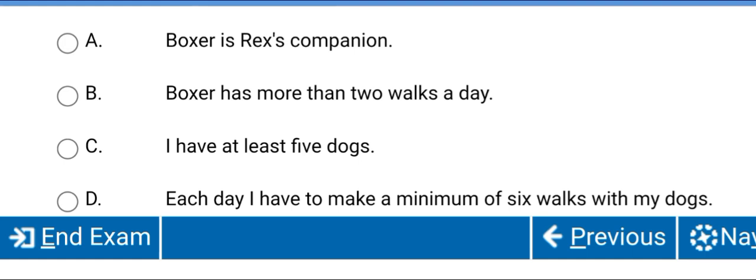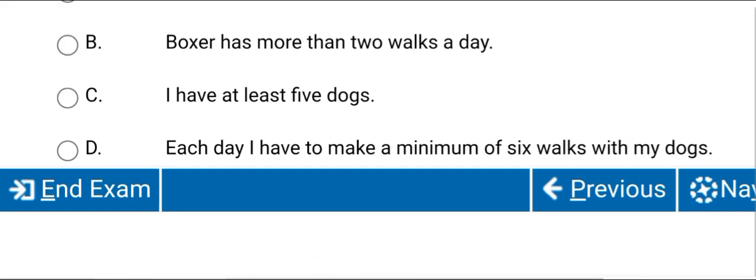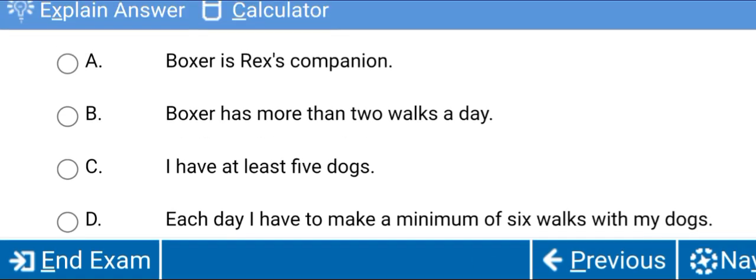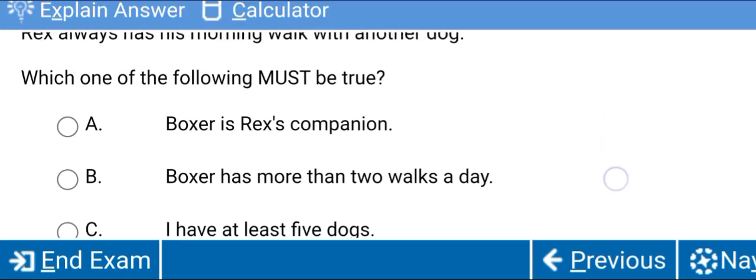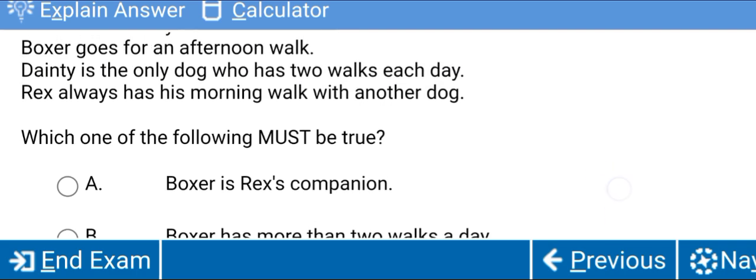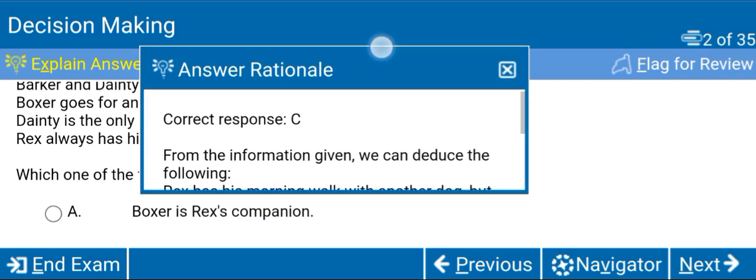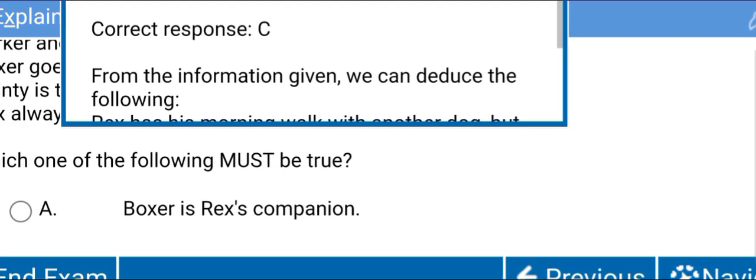Option D, each day I have to make a minimum of 6 walks with my dogs. So we have these 4 options and we have to tell which one of them must be true. So here the correct option is C.